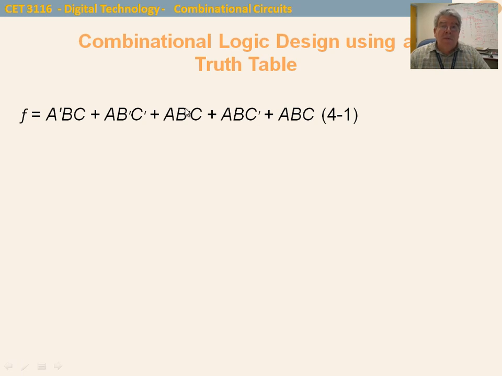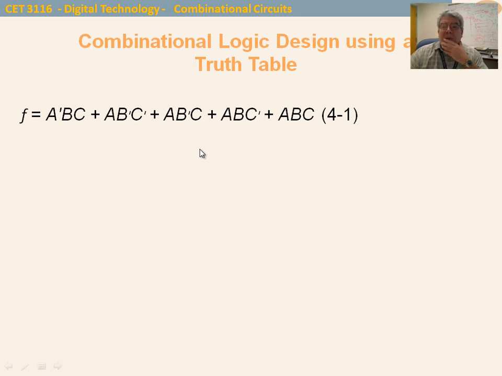So for each one of these products, you have the presence of the three variables in either direct or complemented or inverted form. In this case, we have A complemented, and then B and C, then we have A, B complemented, and C, and so on and so forth.